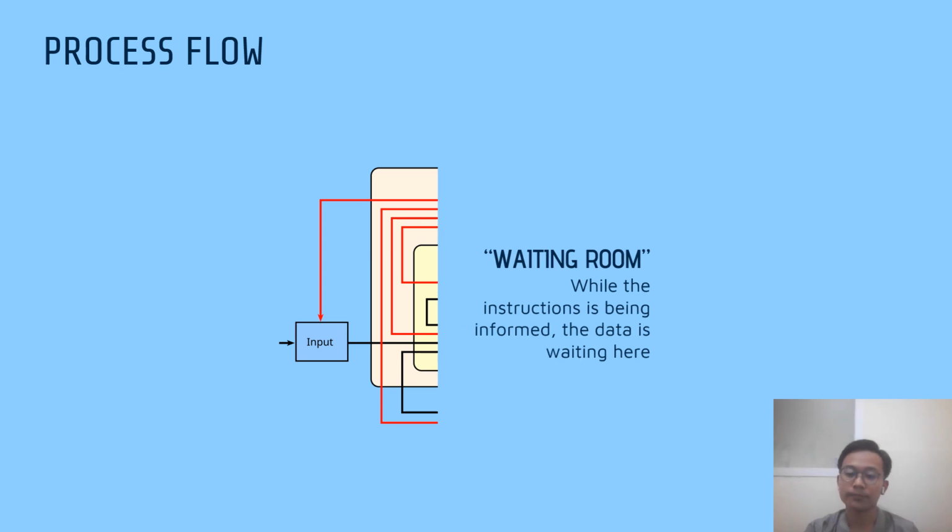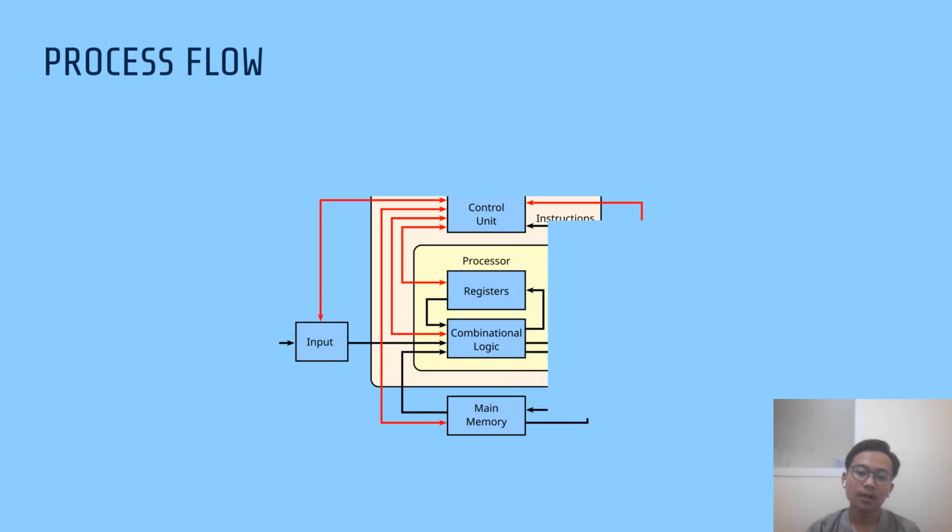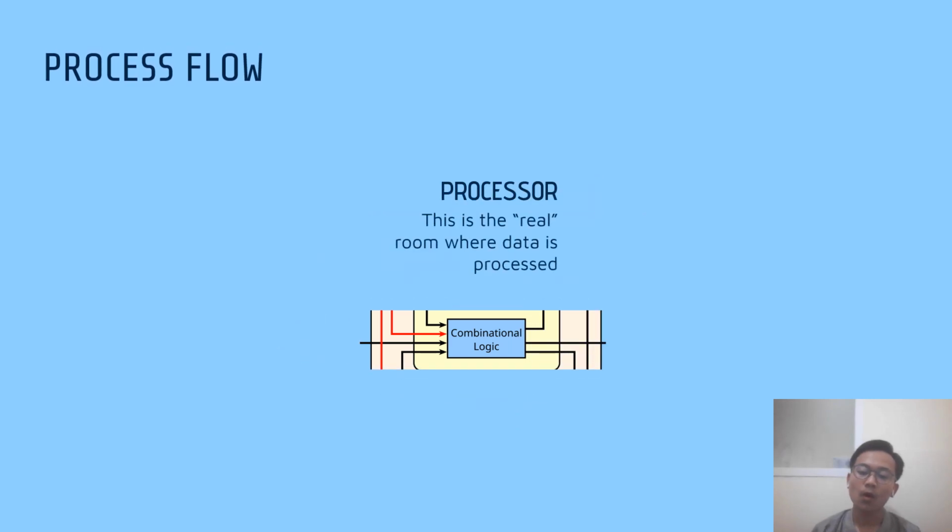After waiting, and all departments know what to do, this is the real room where data is processed. It can be summing up, performing arithmetic operations, logic gates, and multiplication, etc. And easily, almost all of it consists of simple logic, simple arithmetic performance.